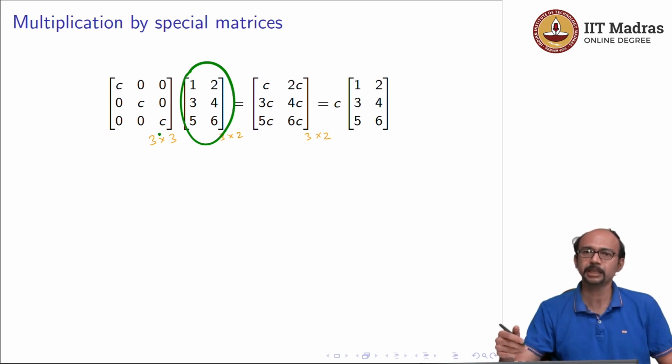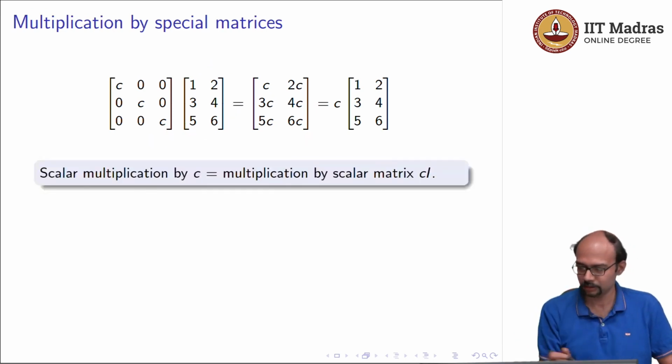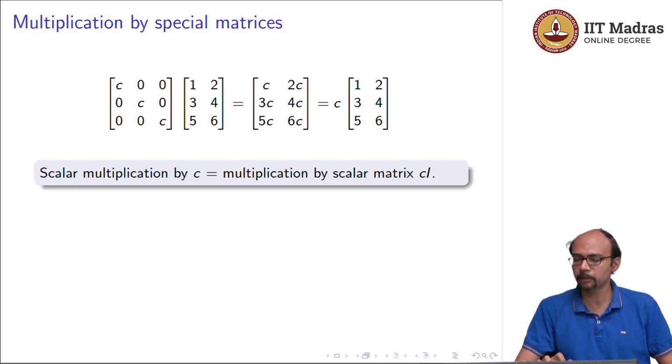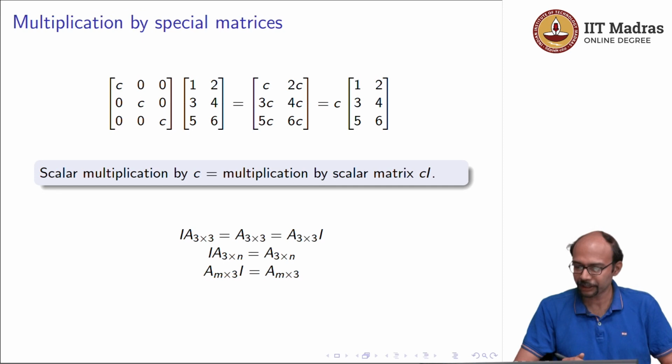So multiplication by a scalar can also be thought of as multiplication by a matrix, namely the scalar matrix of the corresponding size. To reiterate, scalar multiplication by c is multiplication by the scalar matrix c times the identity matrix. In particular, if we put c as 1, we get the identity matrix.